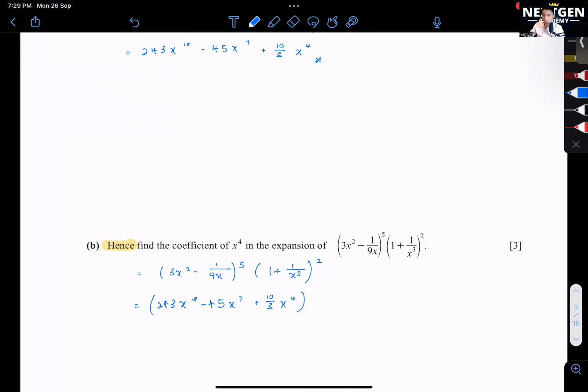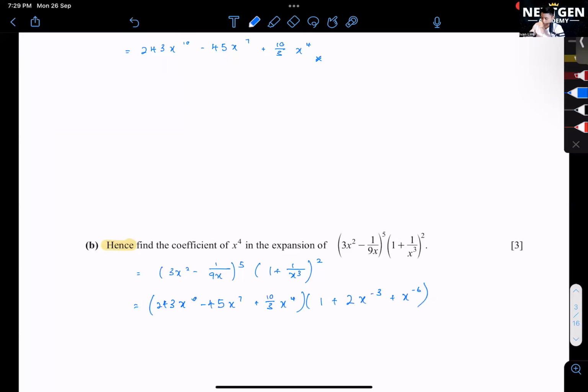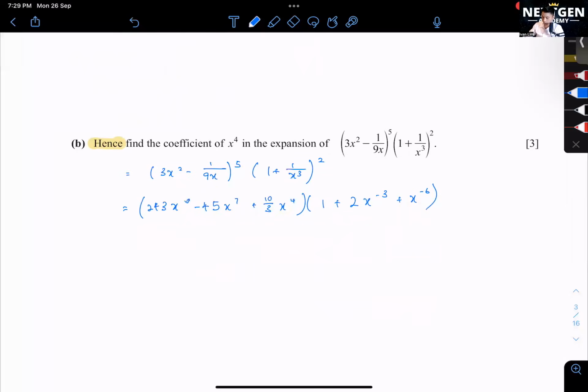Then for this one we open up the bracket using (a plus b) squared. You get 1 plus 2x to the power of negative 3 plus x to the power of negative 6, or you can write it as 1 over x to the power of 6. Remember, we only want to find the terms for the coefficient of x to the power of 4.